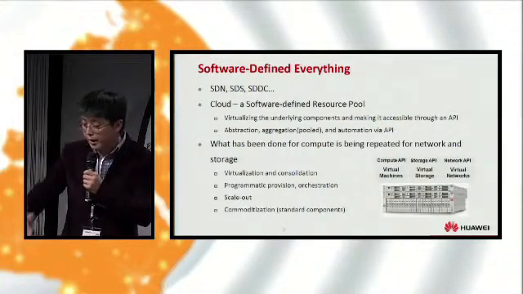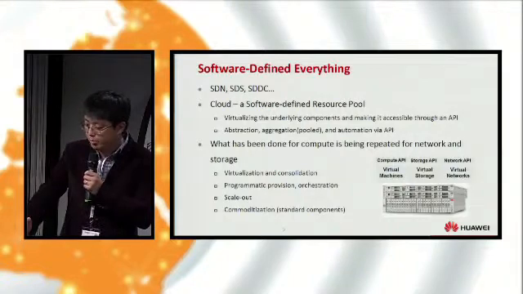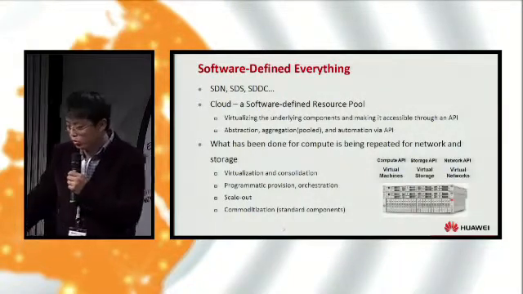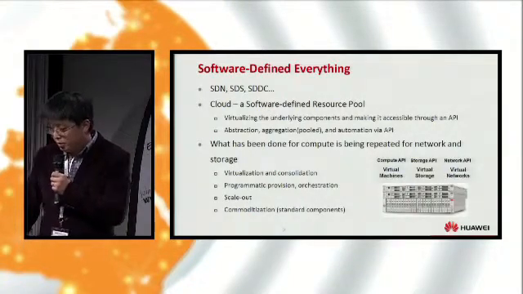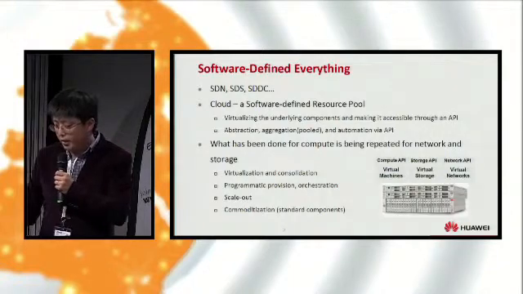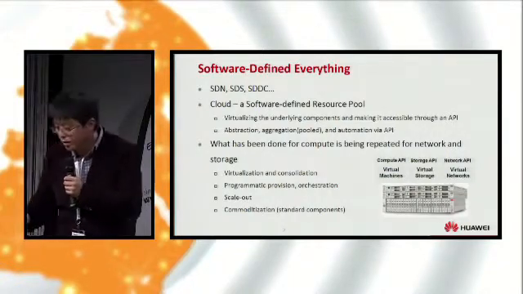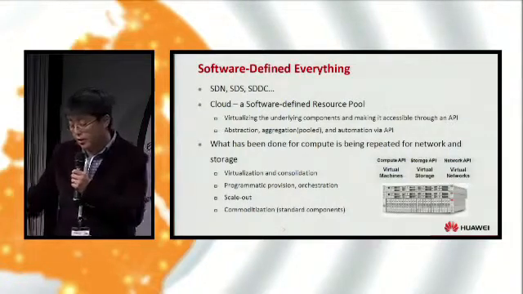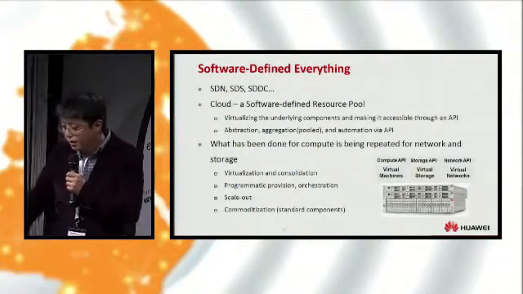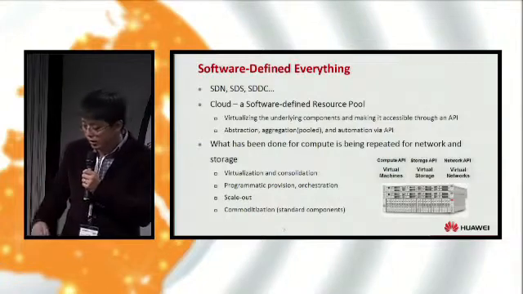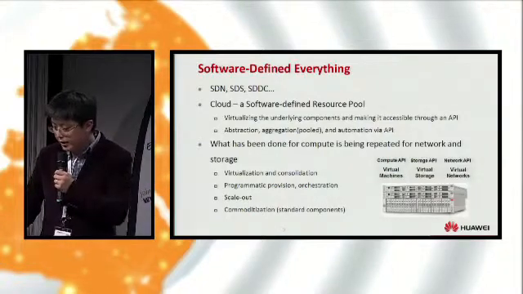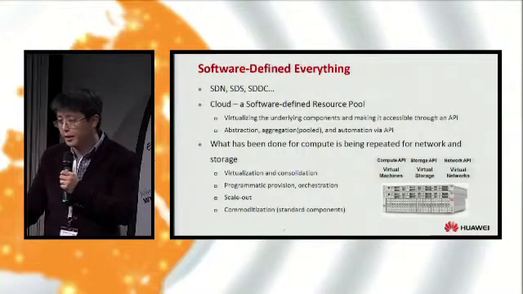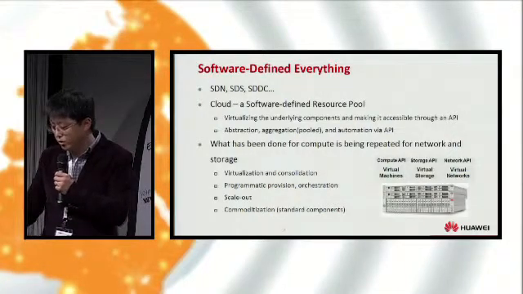And by that, it provides an API to control the resources underneath. With this API, it provides abstraction, aggregation, and automation. We believe, and actually it's happening, that what has been done for server virtualization is being repeated in the networking and storage world.